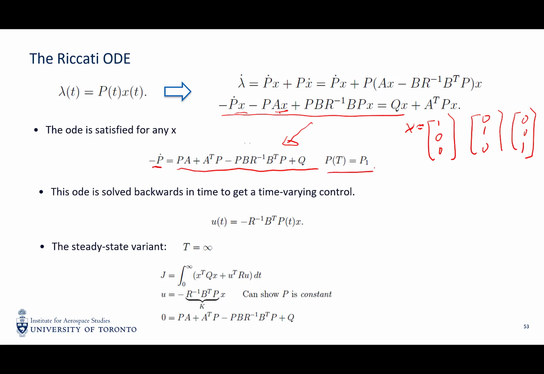Note that this P has a terminal value of P1. So in order to get a P for every time step, we need to integrate backwards from T. Rigorously speaking, the LQR gives you a time varying feedback because the P is a time varying value.